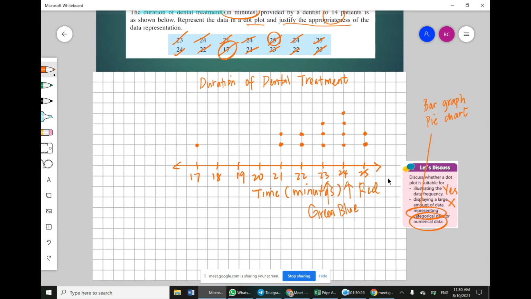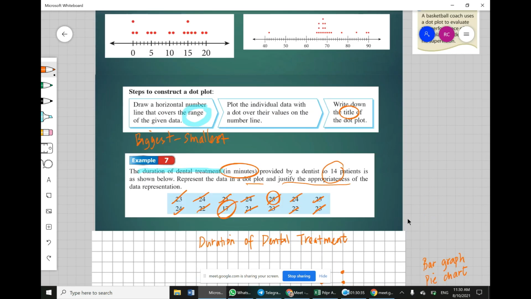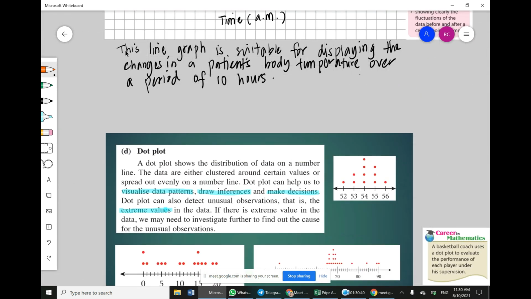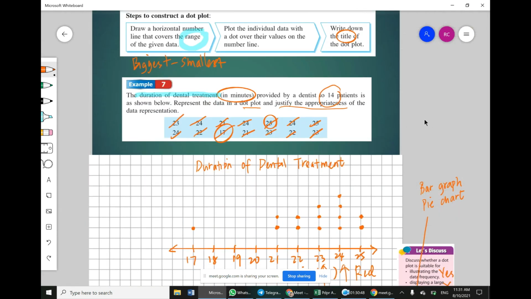So how to justify this? It's actually almost the same as the line graph over here. You just copy down the wording. Still remember the wording that we wrote just now? The line graph is suitable for displaying everything over here. You just copy exactly the same and change the words line graph.